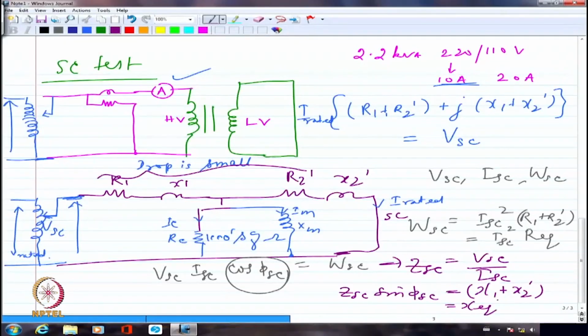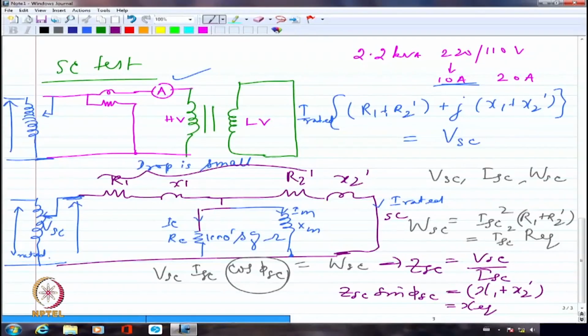So I have got X equivalent and R equivalent of my transformer windings, which will account for the series parameters in the equivalent circuit. Once I have these, that is R equivalent, X equivalent and the no load losses, I should be able to assess the performance of the transformer under different load conditions, whatever I imagine. Not a problem, because I know the parameters of the transformer, right?